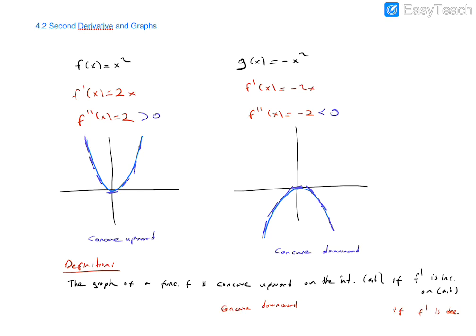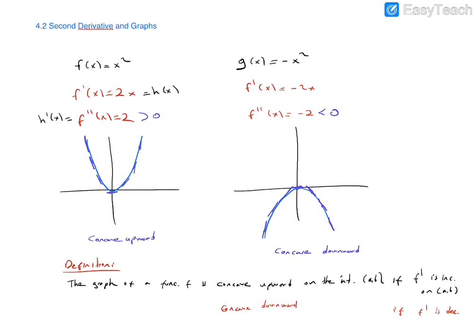The important question is, how can we determine when f prime of x is increasing or decreasing? Actually, we know this from the first derivative test. If the second derivative is positive, f prime is increasing. If the second derivative is negative, f prime is decreasing. If you consider f prime as h of x, then this is h prime of x.